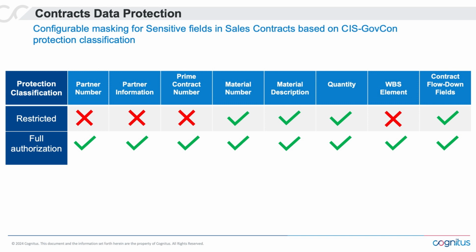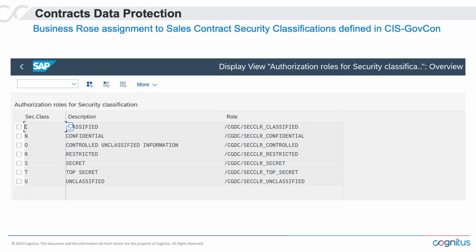Now, moving on to the next piece of config, here we can see the link between CIS-AD data protection classification and SAP business roles. So this essentially tells us what level of authorization a user has in the CIS-AD solution.